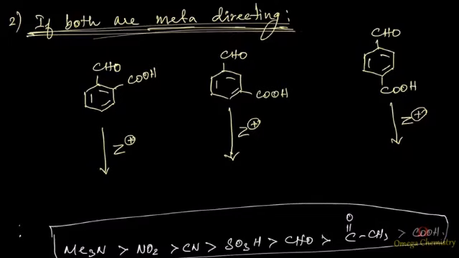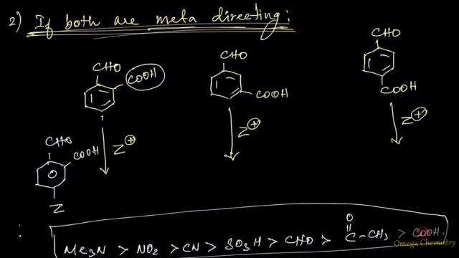In the given example I have aldehyde and acid group, and acid is the lowest priority one, which means it will have greater dominance over the directing influence, right? So COOH will direct this one. The incoming Z will get attached to the meta position to COOH, which means this position is preferred, right? So this will be the major product. So your CHO is here, COOH is here, and here is where your Z will be attached.